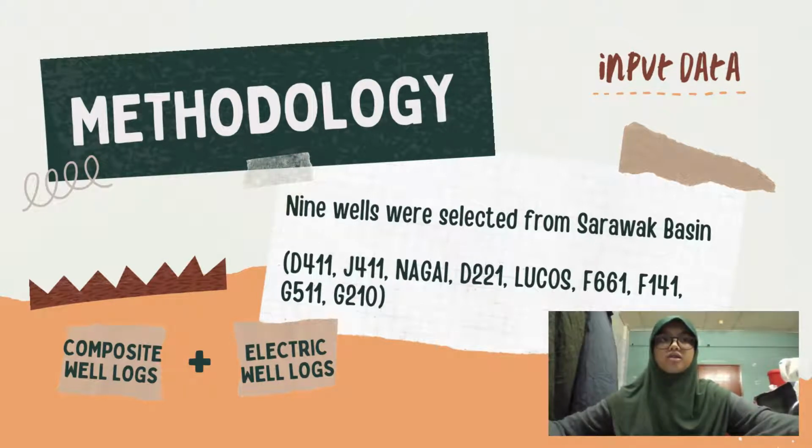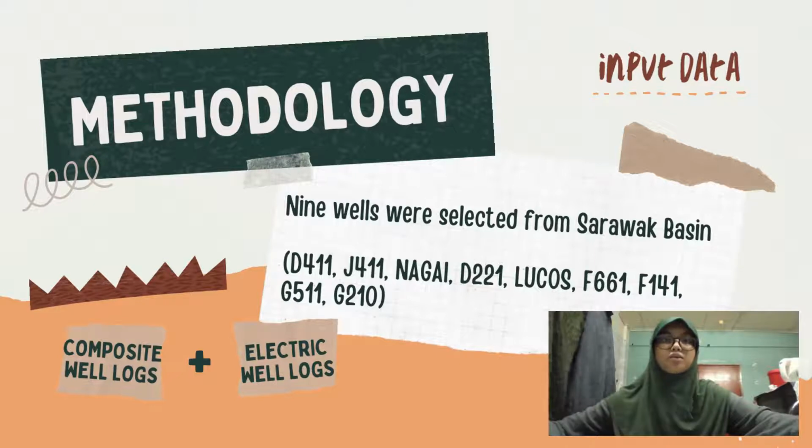Geographic coordinates, spud date, water depth, elevation, as well as the lithological percentage, water depth, and the depositional environments are also obtained from the composite well logs, as well as the electric well logs.